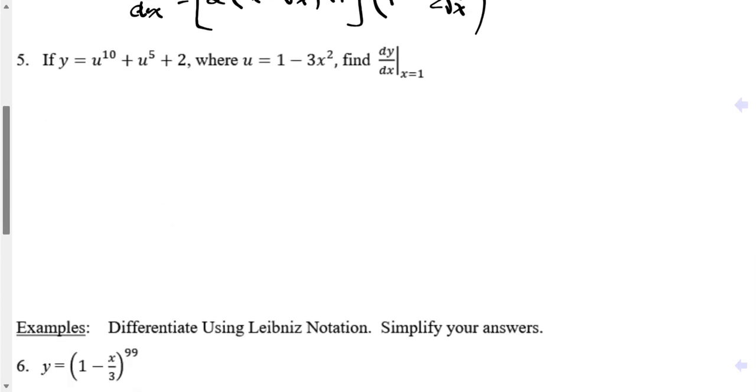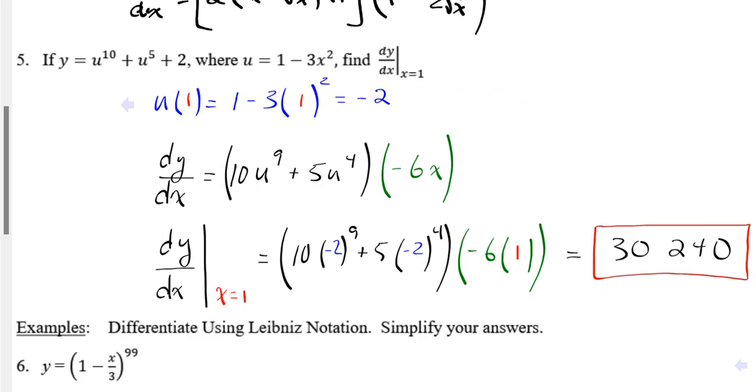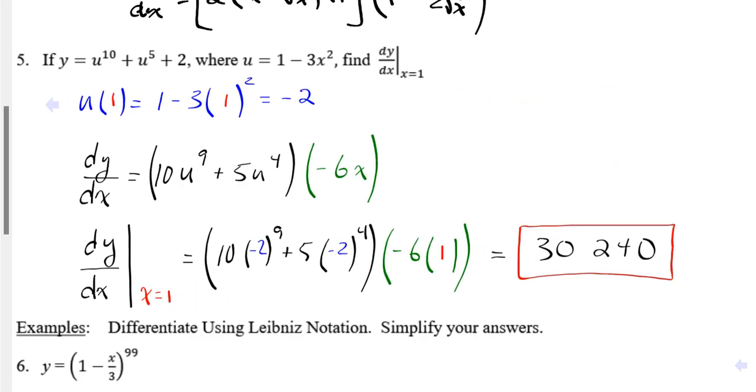Number 5, I will just drag out my solution here and see if I got it right. Did you get a ridiculously big number? Yep. 30,240? So this time I didn't replace the u's with x's. I just found when x is 1, what's the u, and the u is negative 2.